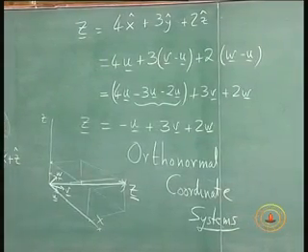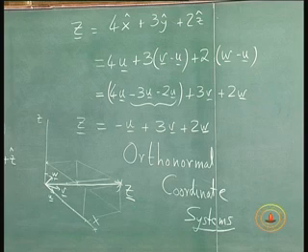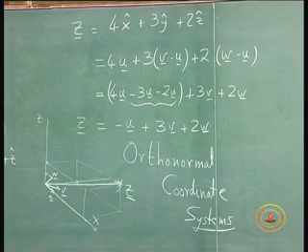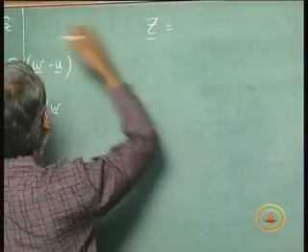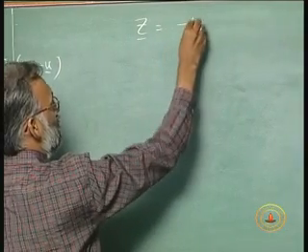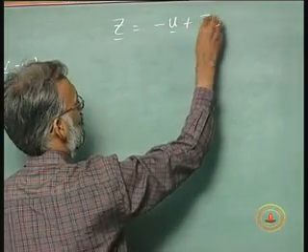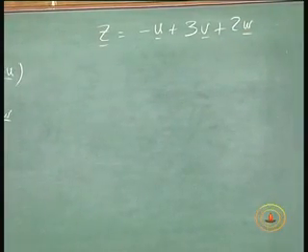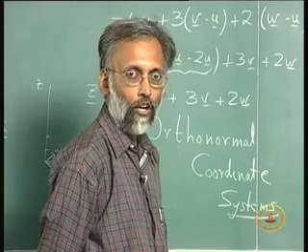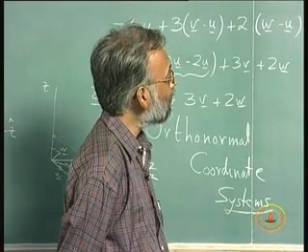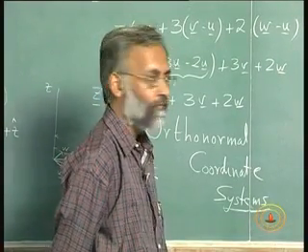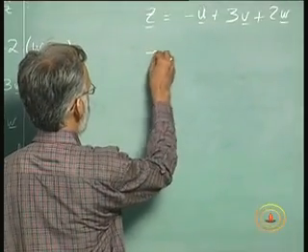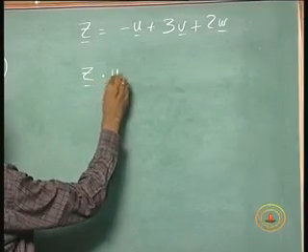So, what is an orthonormal coordinate system? For any vector z, I can always write it as minus u plus 3v plus 2w. Supposing I now want to take the dot product of this z along some direction. So, I say I want to know how much u there is.